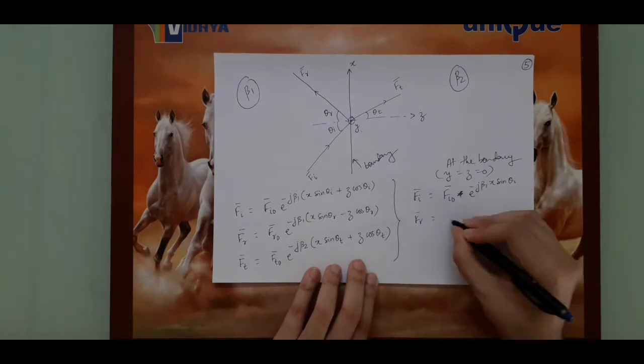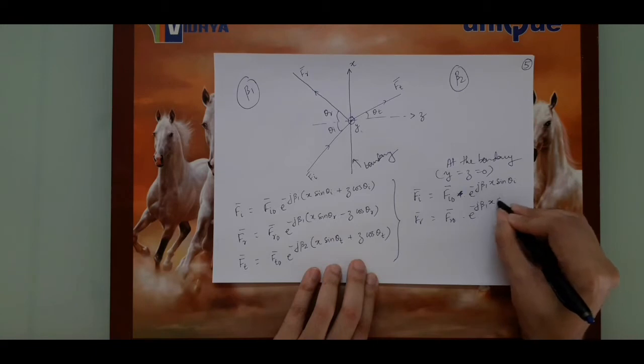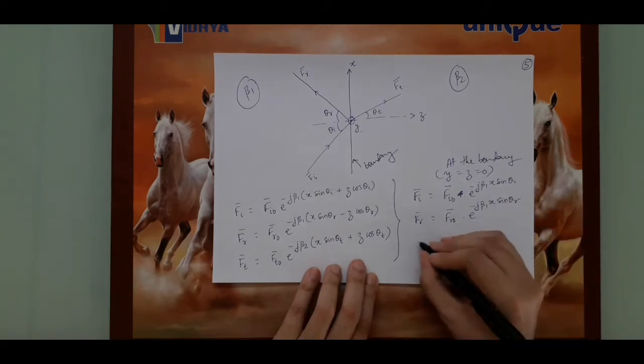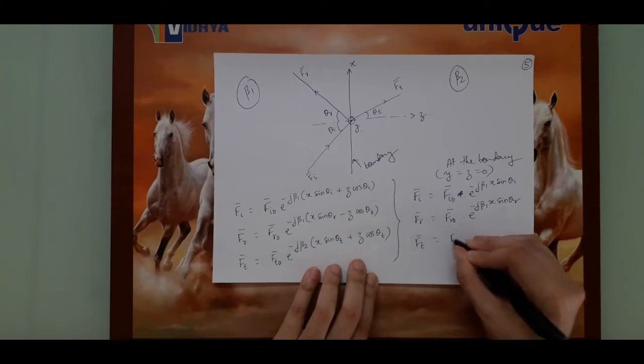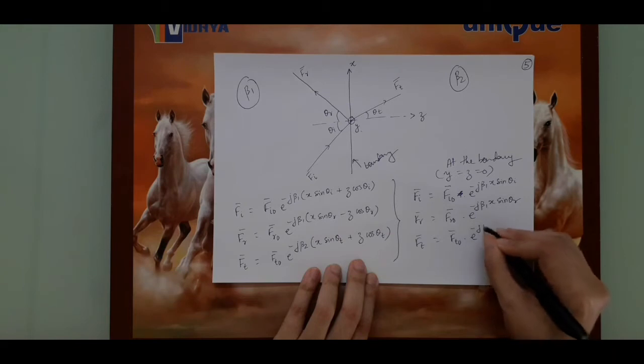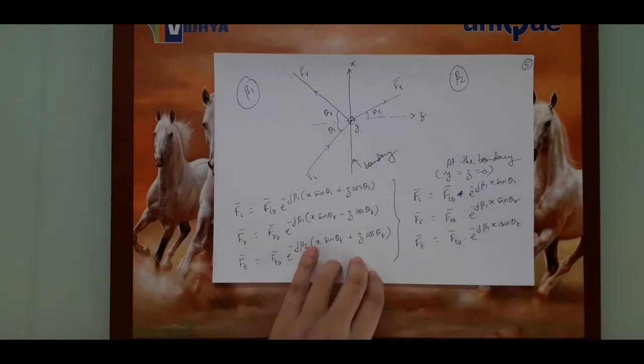The Fr vector will be Fr0 times e raised to minus j beta 1 x sine theta r. And the Ft will be Ft0 times e raised to minus j beta 2 x sine theta t. This is at the boundary.